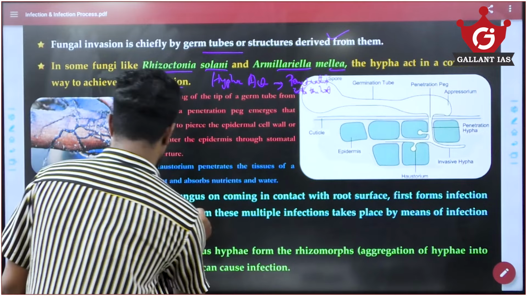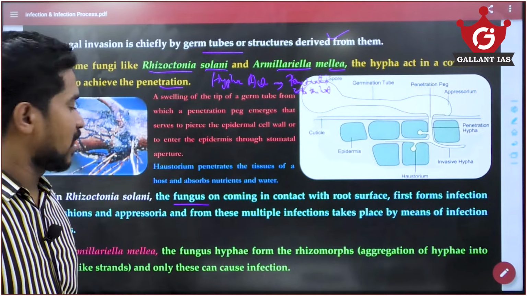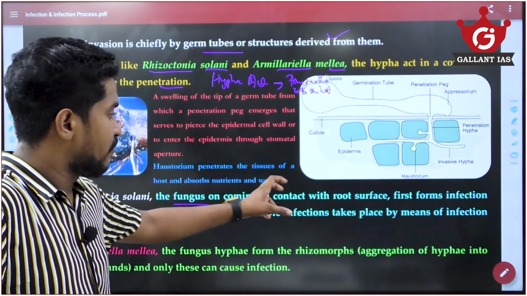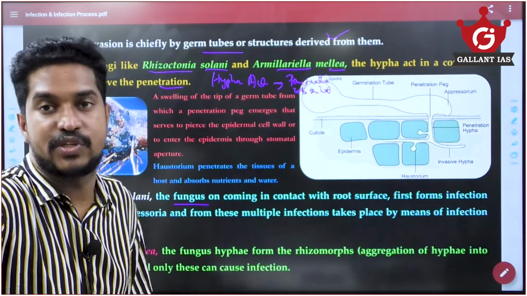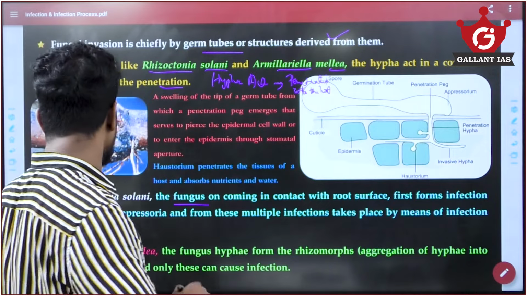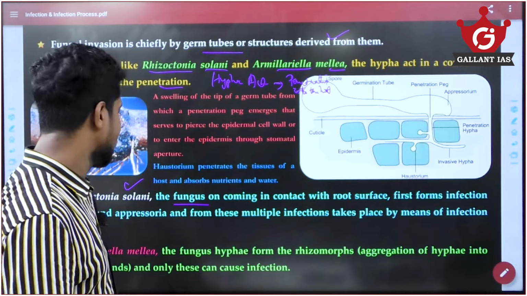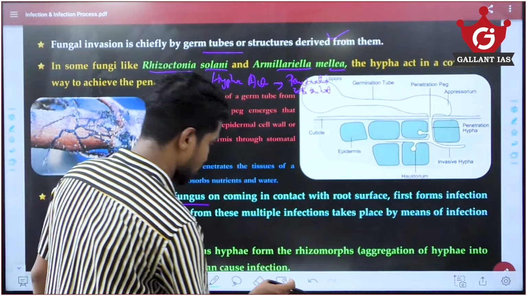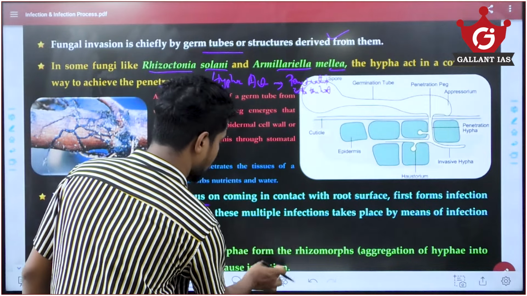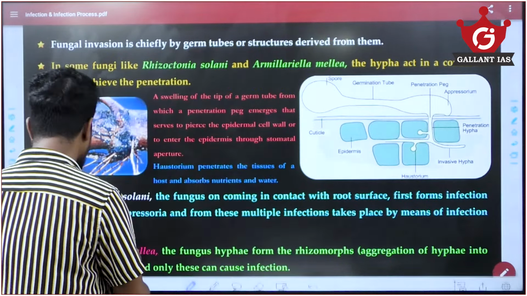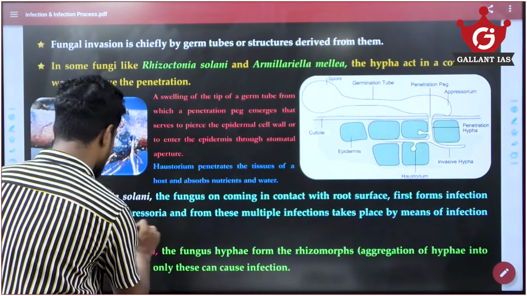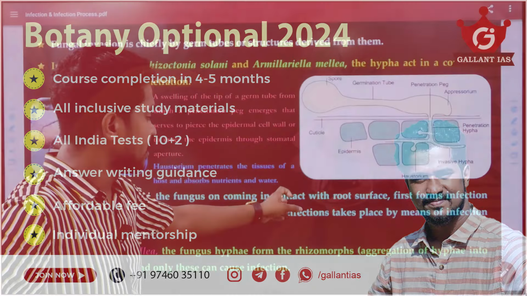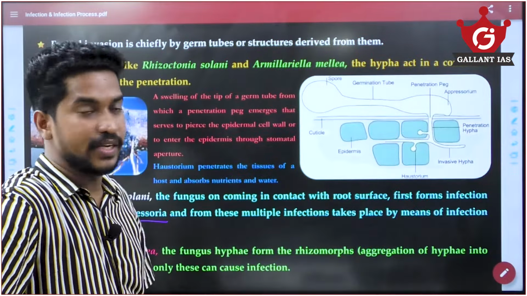In Rhizoctonia solani, the fungus on coming in contact with the root surface first forms infection cushions and appressoria, and from these multiple infection takes place by means of infection pegs.